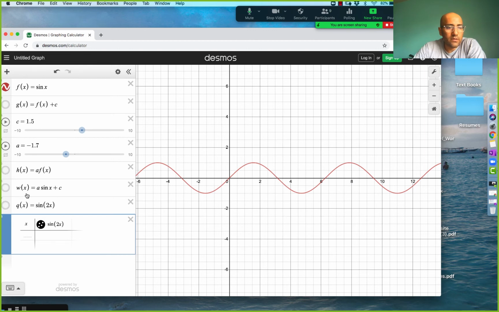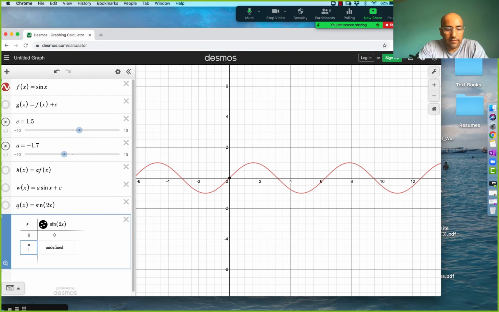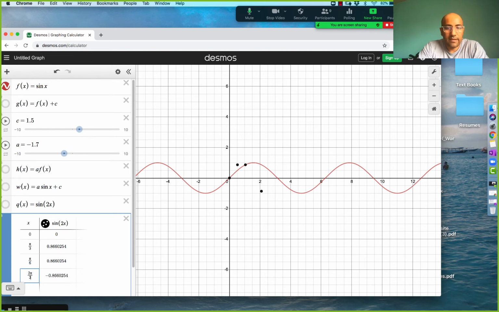Okay, that's fine. Sine 2x. Okay, remember that this is in radians, so as I type in 0, 0 leads to 0, and then if I do pi divided by 3, I get that, and if I do pi divided by 6, I get that, and if I get 2 pi divided by 3, I get that.